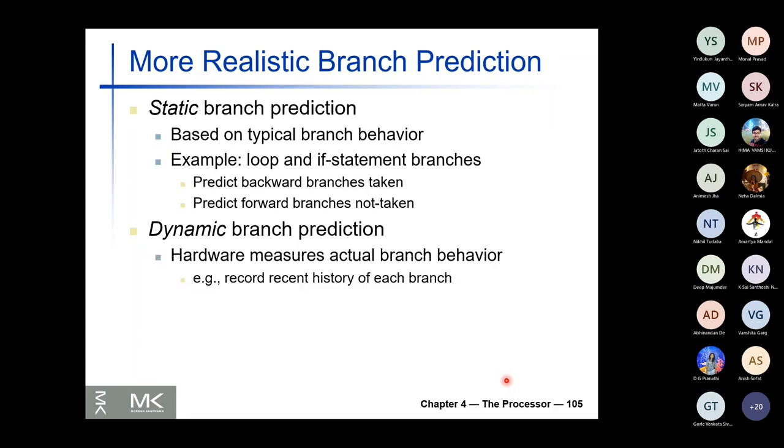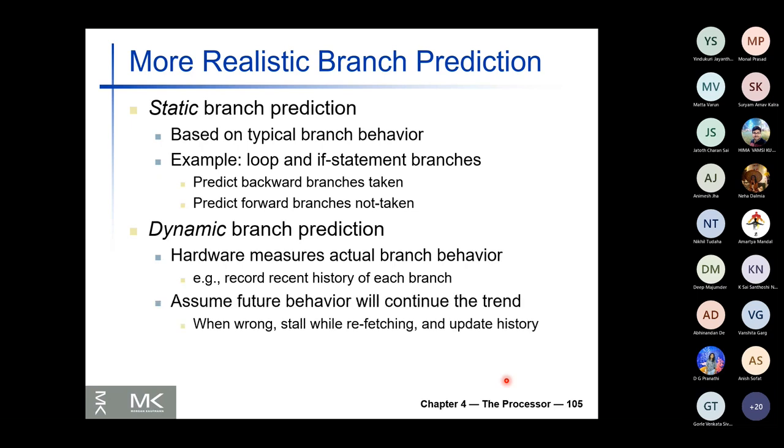Now, prediction can never be 100% true. So this is a technique where hardware measures actual behavior. There is hardware circuitry which keeps a record of the actual branch behavior at runtime. So you record the history of each branch, and depending on that you decide the future prediction.